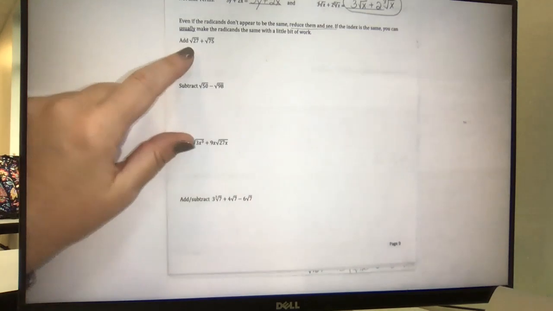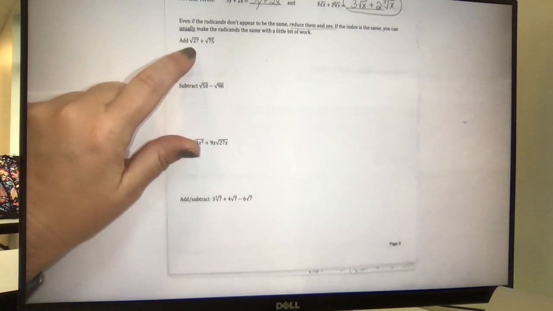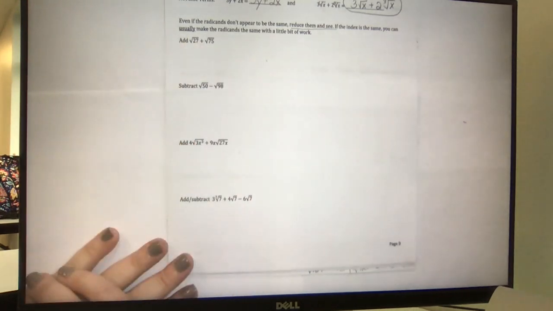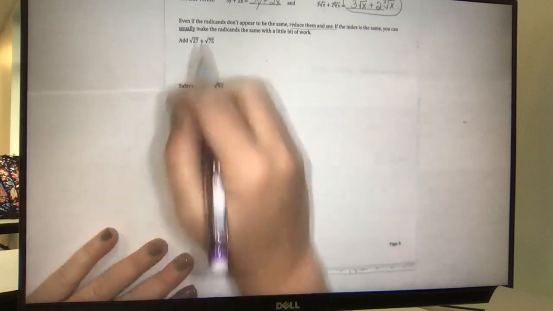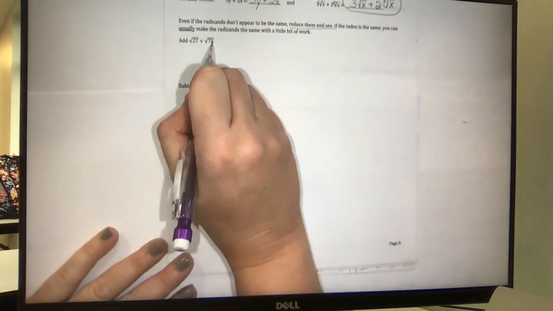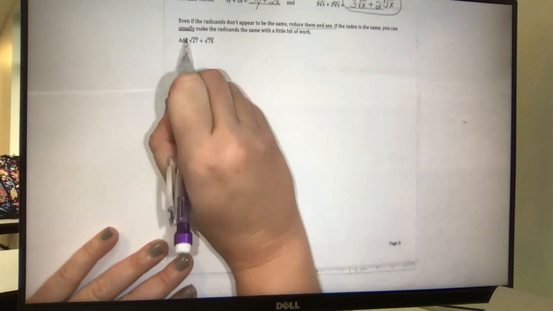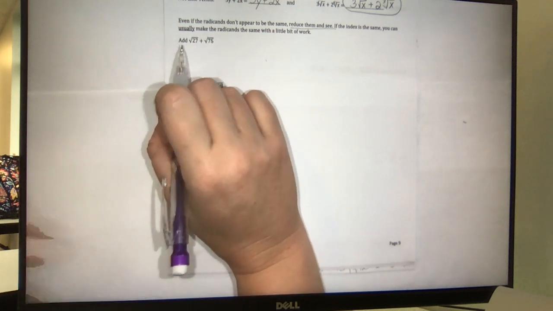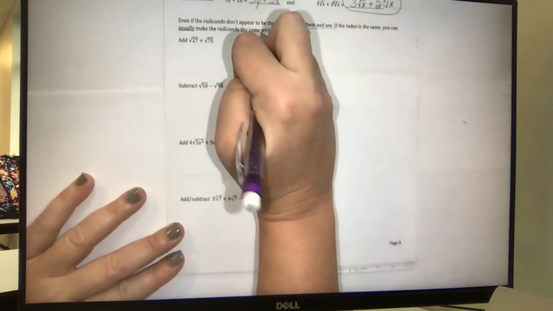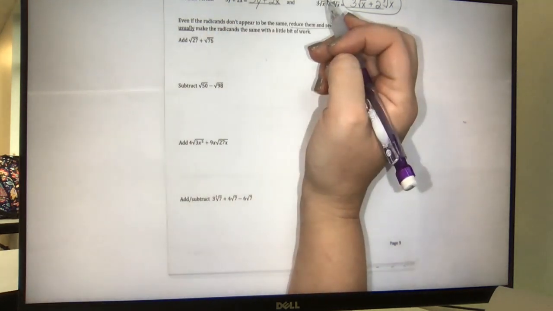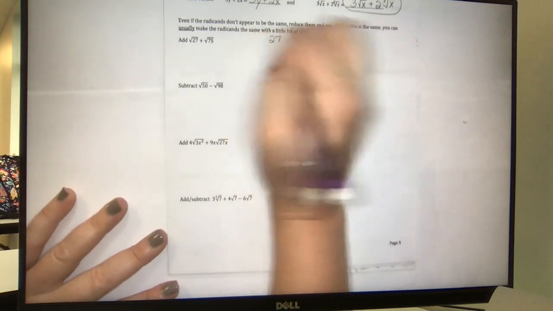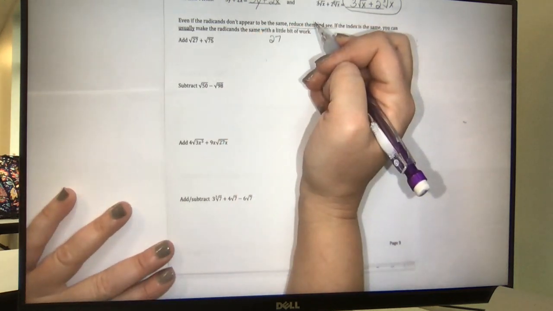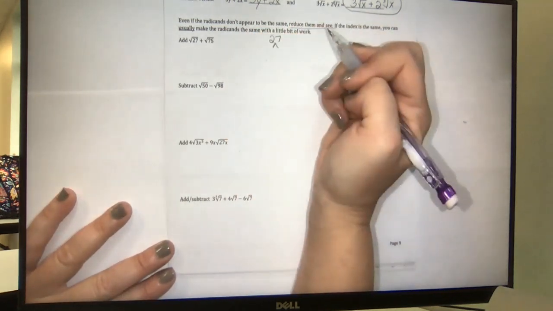All right, so here I have square root of 27 plus the square root of 75. Well, definitely not the same radicand, so I can't add them together yet. But look, they do have the same index. So let's reduce each one of them and see what I can come up with. If I put square root of 27 in my calculator, I'm going to get a decimal. It's not going to work, so I'm going to break it down.